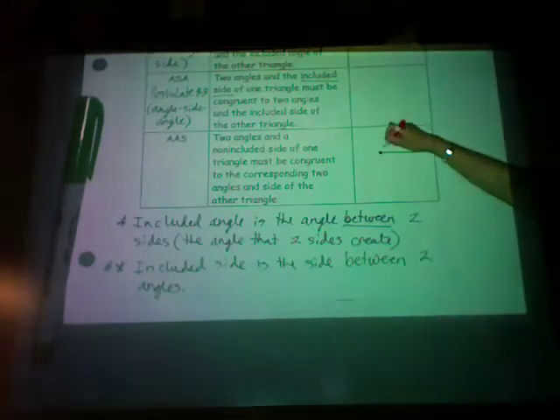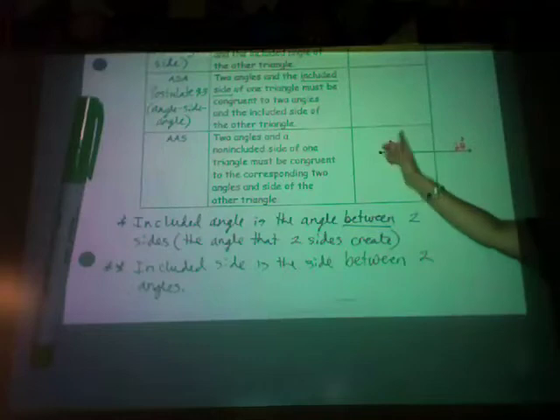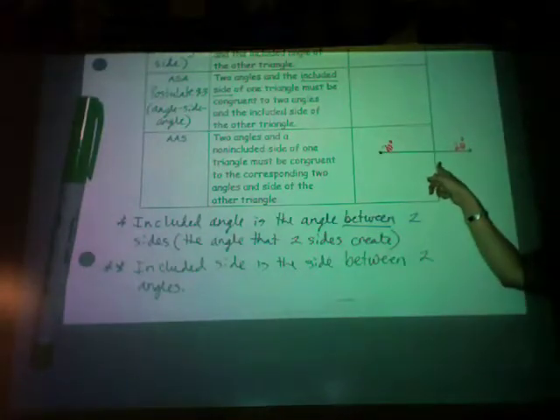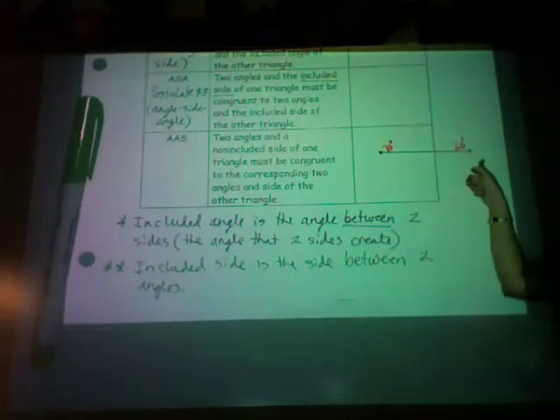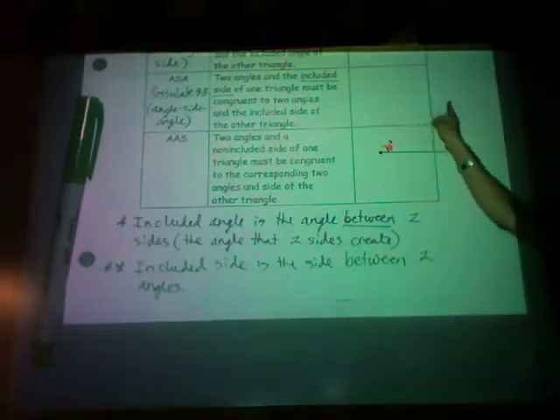You have to make this angle here 70 degrees and this angle here 20 degrees. This is for ASA. There's the included side and then the angles. Isn't the side in between those two angles? What do you know about this angle up here? What's it going to have to be? 90.